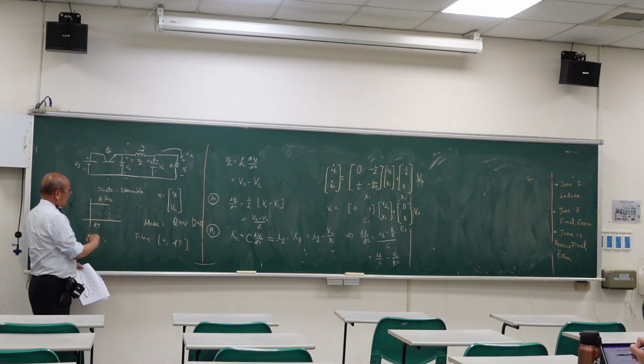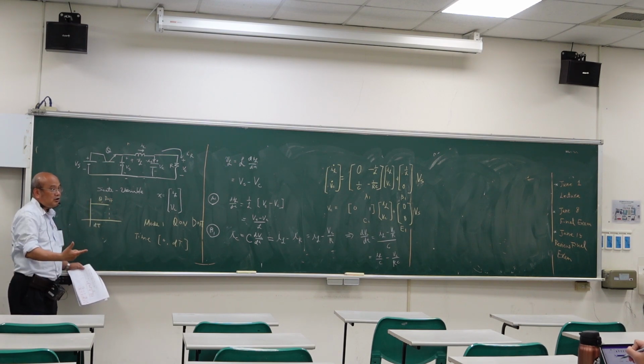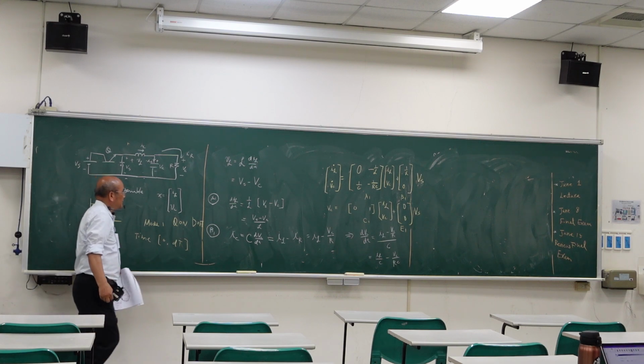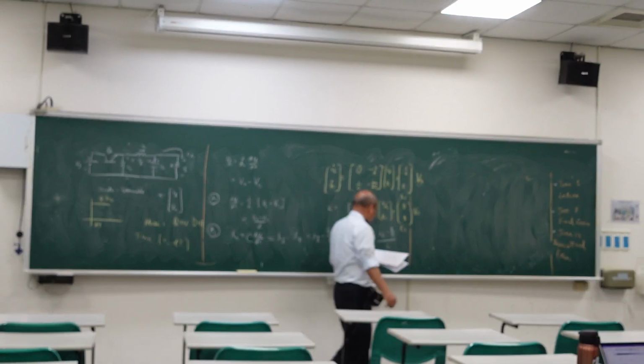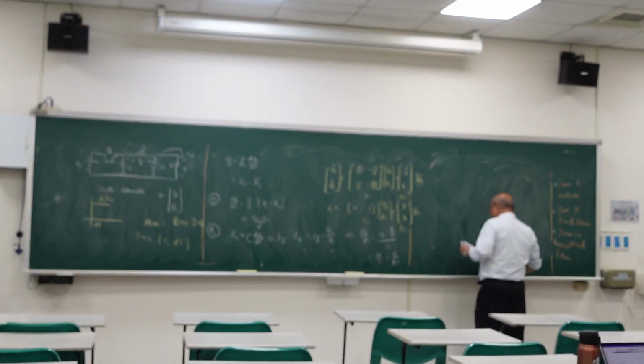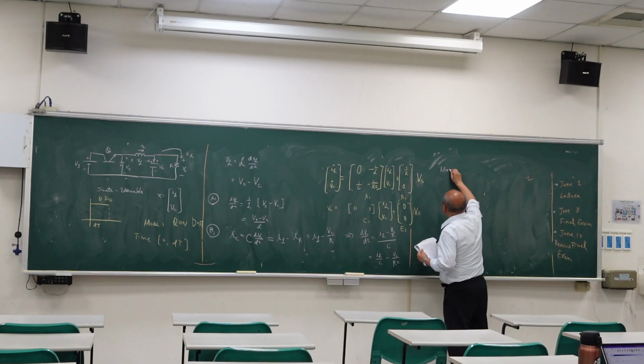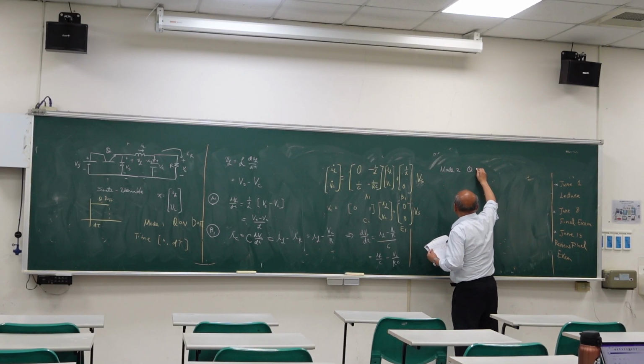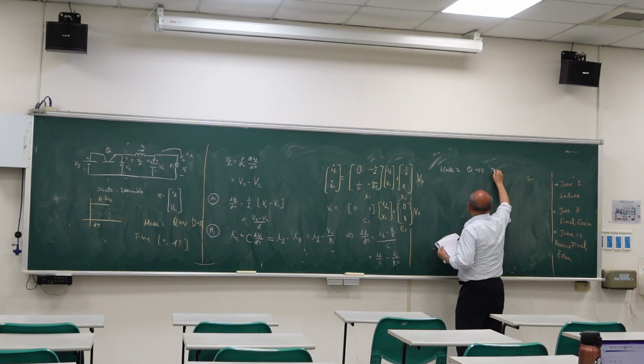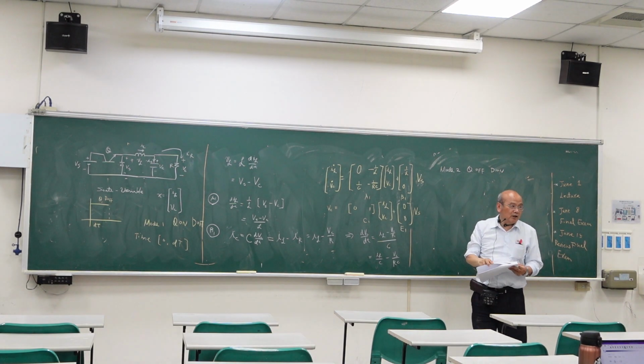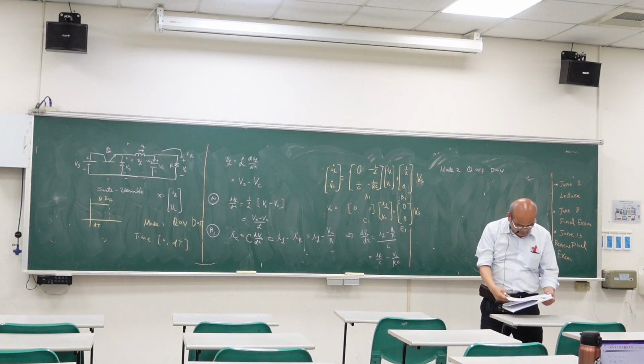So we call this mode 1: Q on, D off. Diode off, switch on. So how about mode 2? Q off, D on: diode on, switch off.